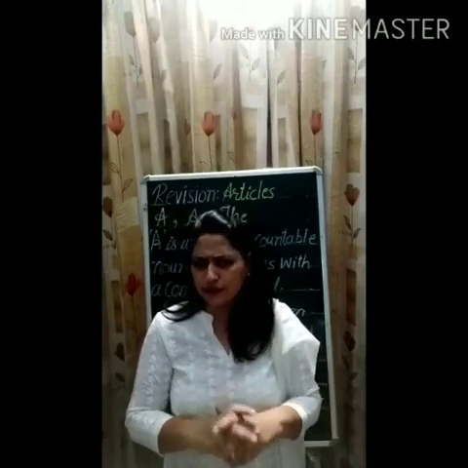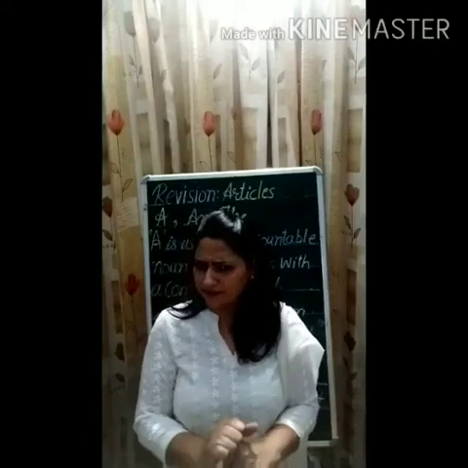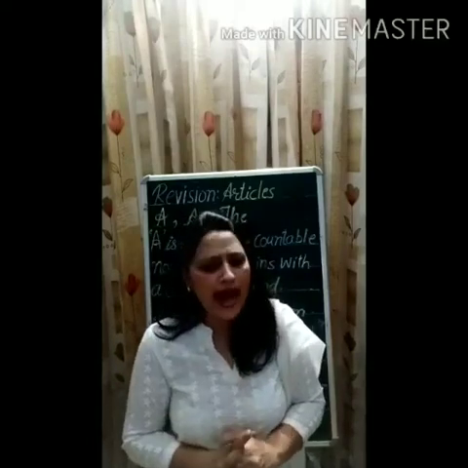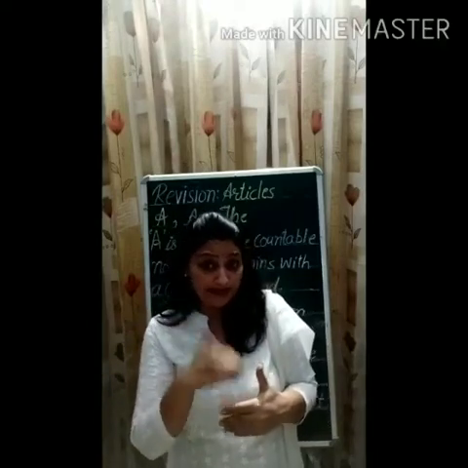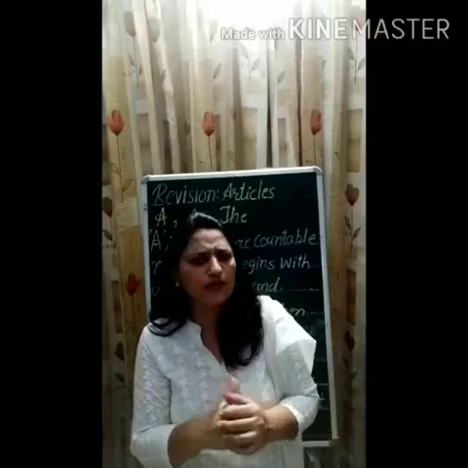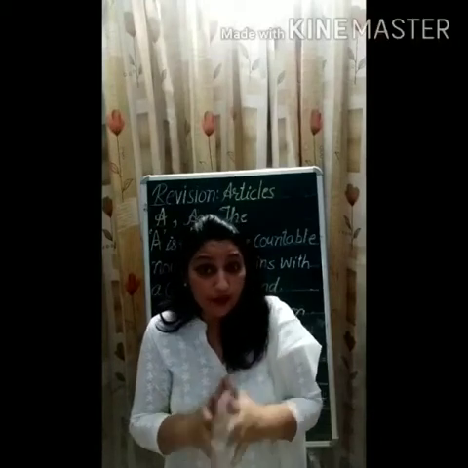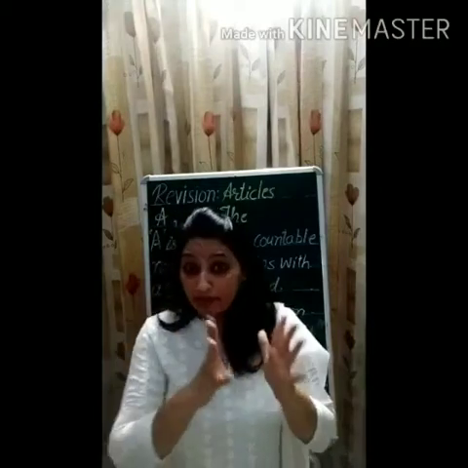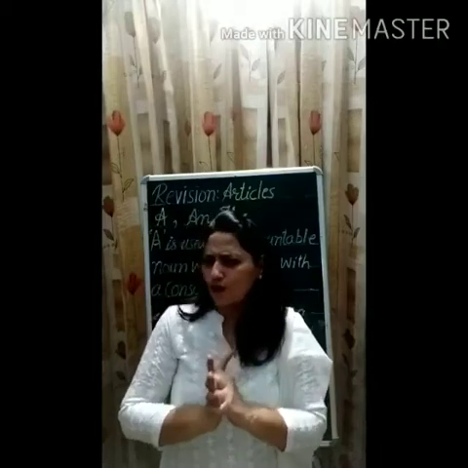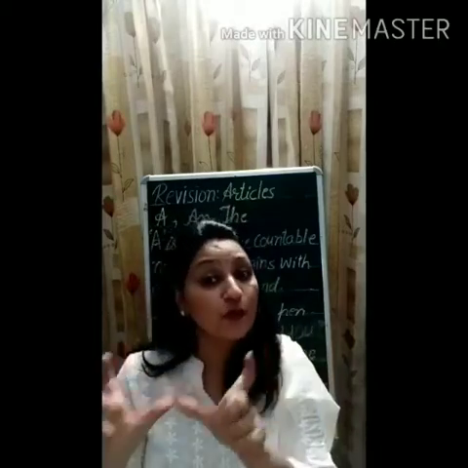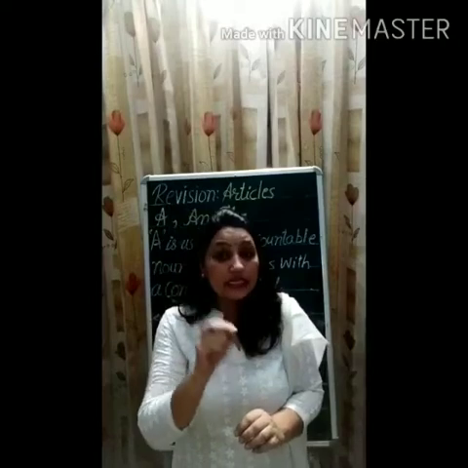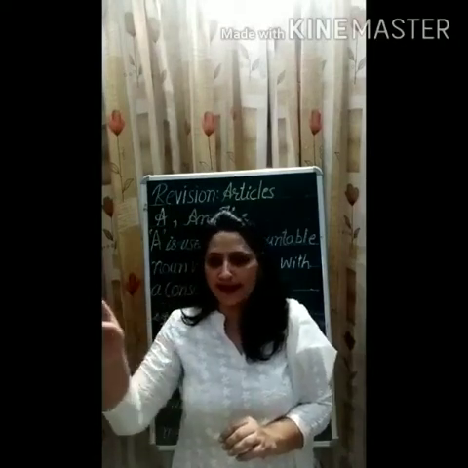We also use article the before the names of oceans like the Pacific Ocean, and before monuments like the Red Fort, the Taj Mahal, etc. We also use article the before the names of books like the Bhagavad Gita, the Panchatantra, the Quran, etc. And we use article the before superlatives, like he is the tallest boy in the class.